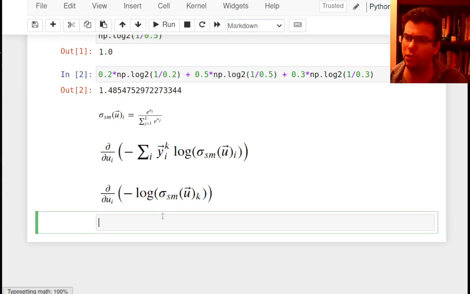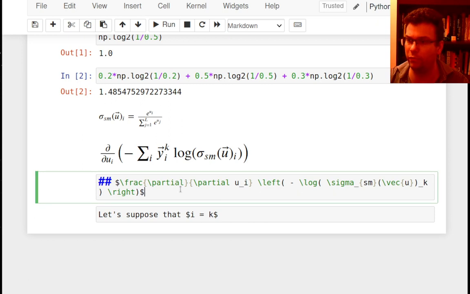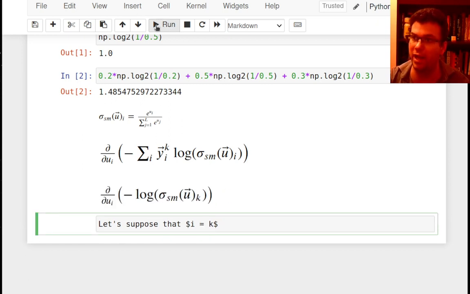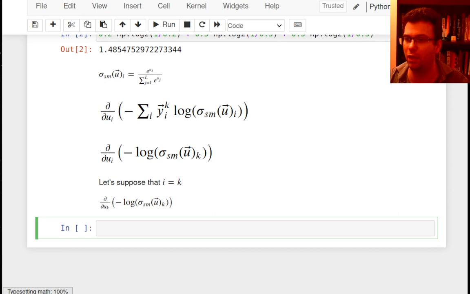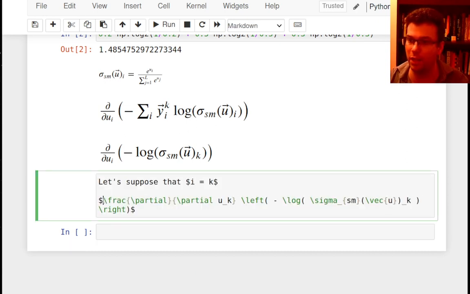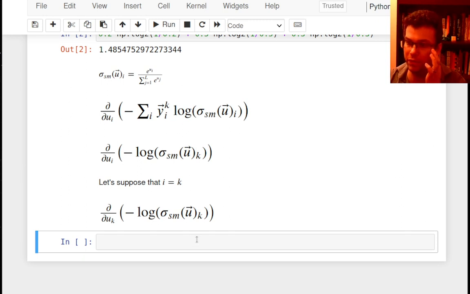As the first case, let's suppose that i equals k. So I'll look at the derivative with respect to the kth component, which is the one that happens to be hot, of this expression. What I'm going to do here is the chain rule.